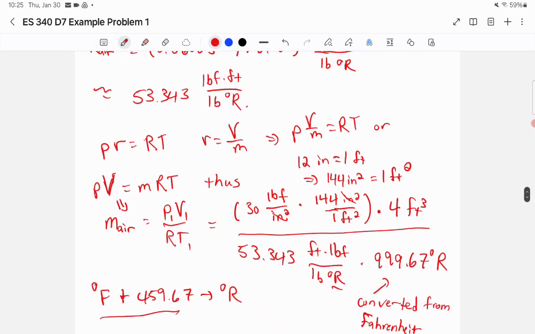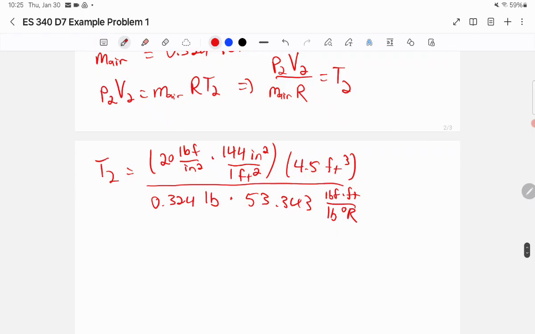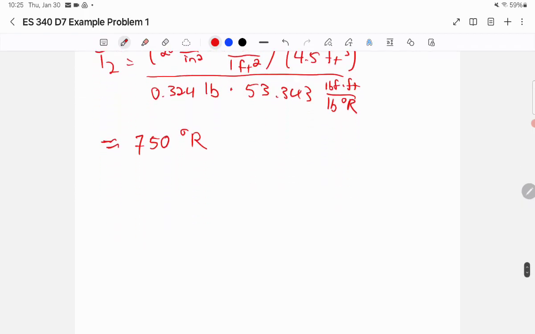Pound force times foot per pound times degree Rankine. Okay, so that's my T2, and I get something that's approximately 750 degrees Rankine after rounding. So that was part A.